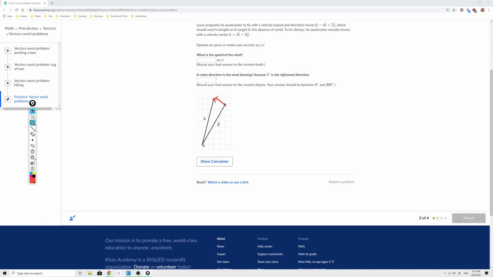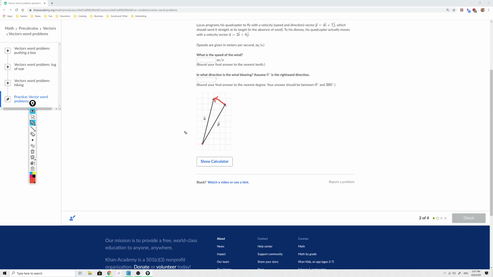The way you graphically add vectors, if you put them end to end, is you just follow the direction. So starting at its initial point here at the bottom left, it would be going along vector p. However, the vector that I drew in red blew it off course. So if you put these two vectors together, that's why we have the net result of vector a.